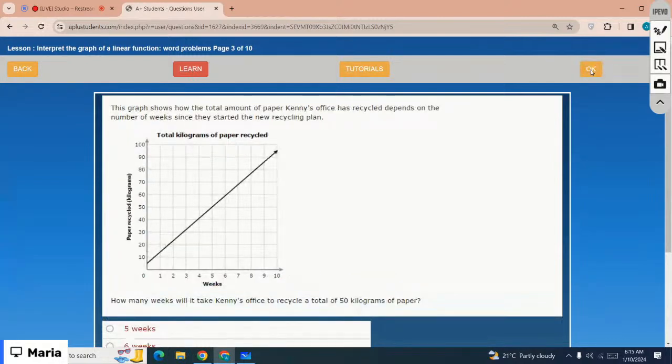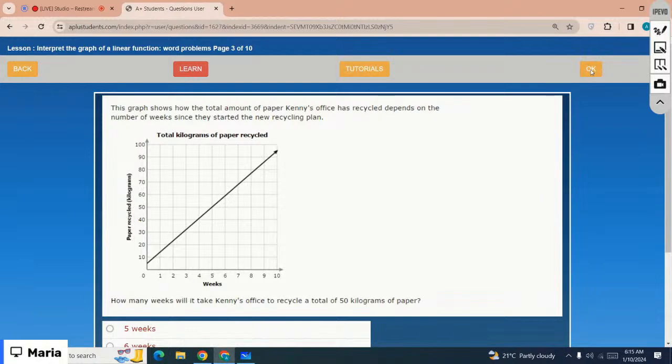This graph shows how the total amount of paper Kenny's office has recycled depends on the number of weeks since they started the new recycling plan. How many weeks will it take Kenny's office to recycle a total of 50 kilograms of paper?